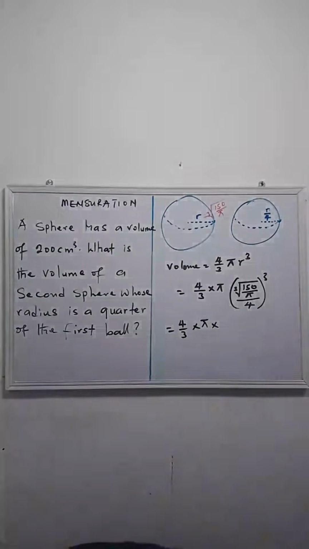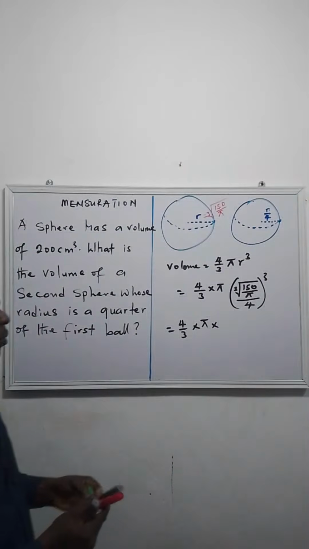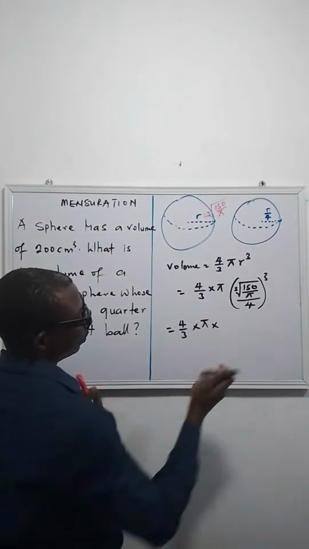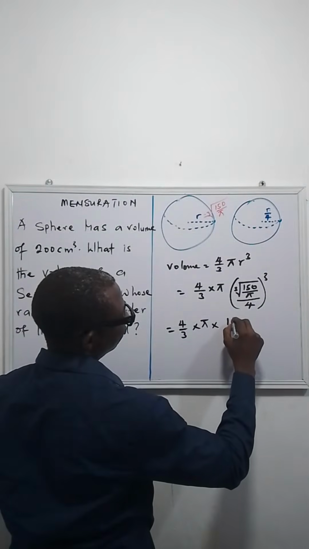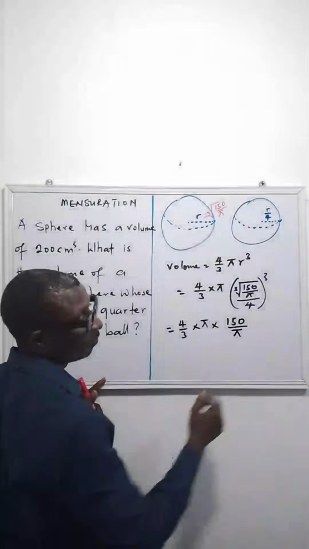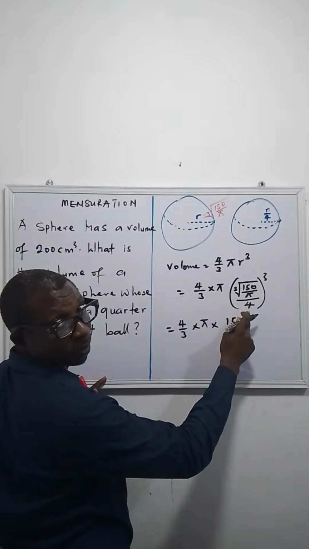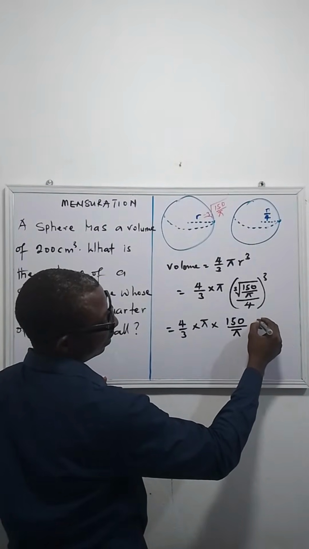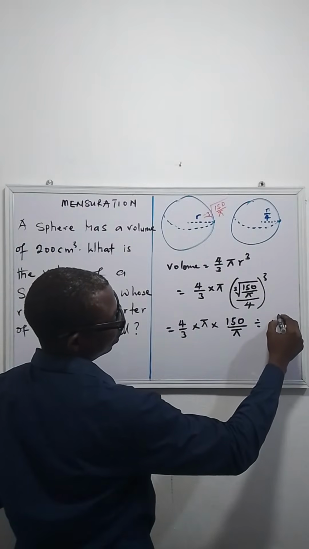So here we have 150 over pi, divided by 4 raised to the power of 3.